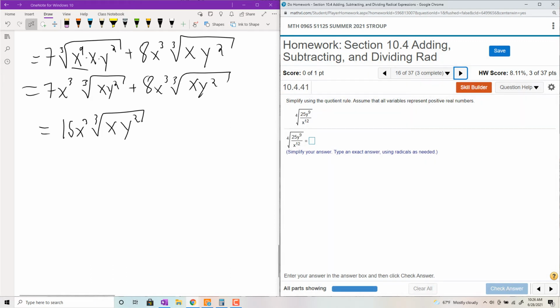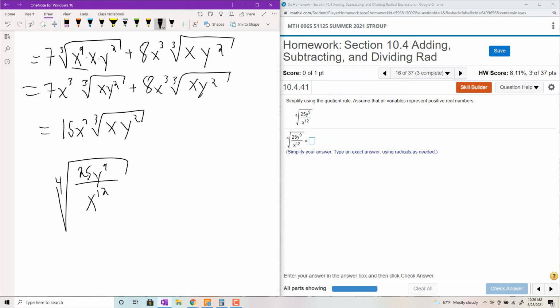Let's go ahead and try this one. The fourth root of 25y to the 9th all over x to the 12th. So I'll use the fourth root of a quotient as the quotient of the fourth roots, so 25y. I'm going to go ahead and start simplifying a little bit.